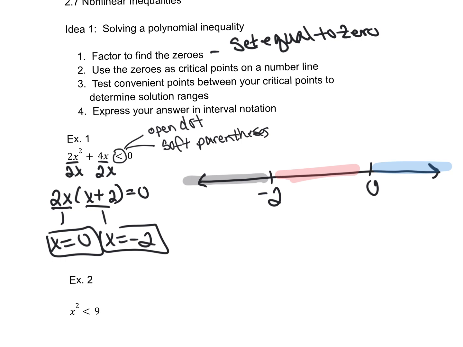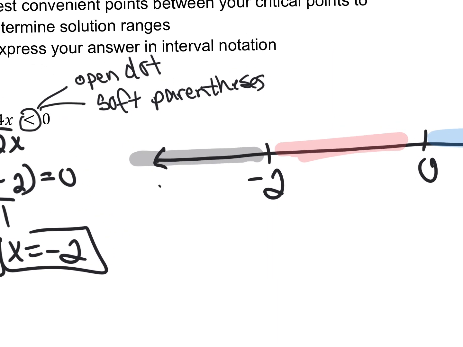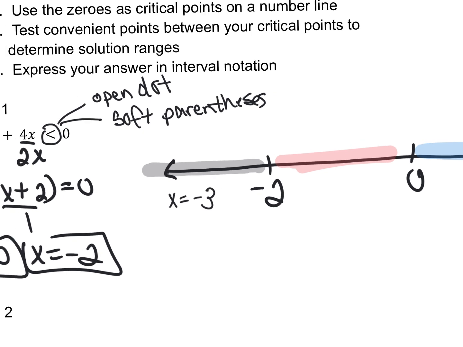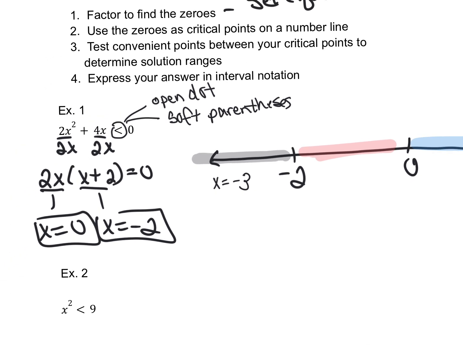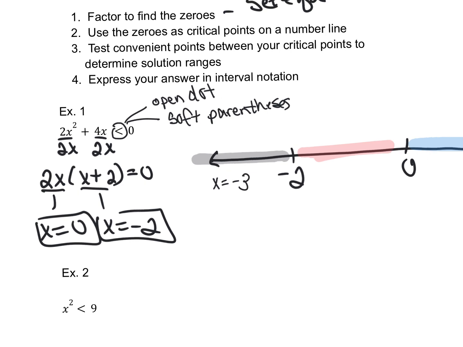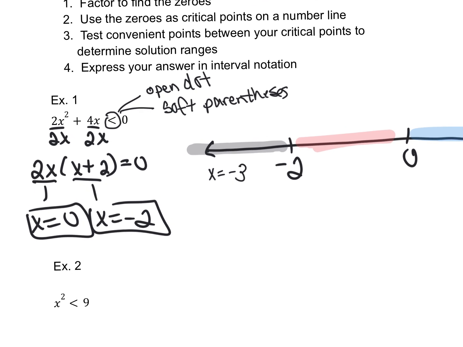So if we wanted to test a point that's in the gray area, well, let's think about an easy number that would be less than -2. So we're going to test if x equals -3. And what we're trying to find out is if the inequality that we have there is true. So if we tried -3, we're going to go back and use either one of these equations that we have.